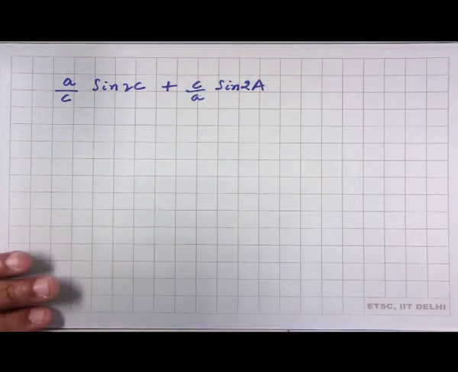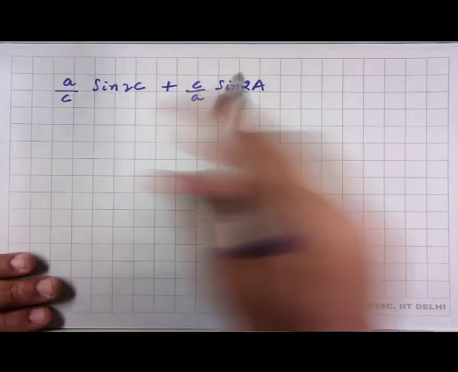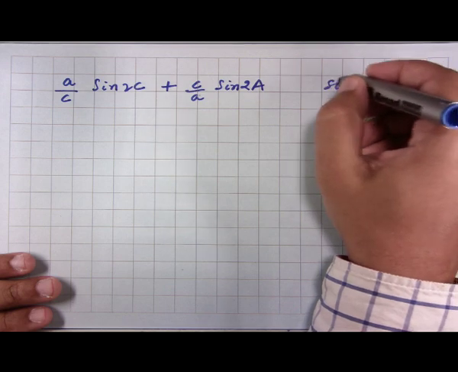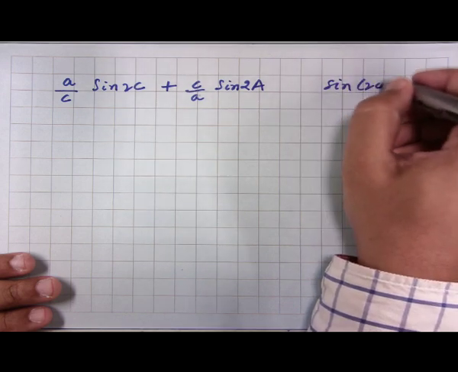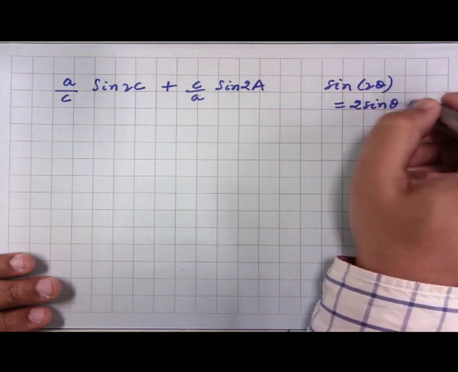So, here we have to use the formula for sin 2C. If you recollect, sin 2 theta for any theta is equal to 2 sin theta cos theta.